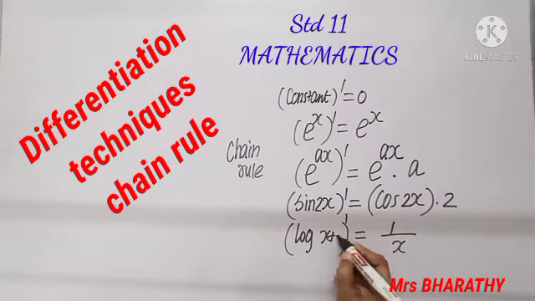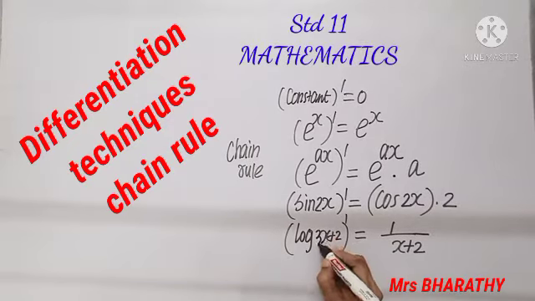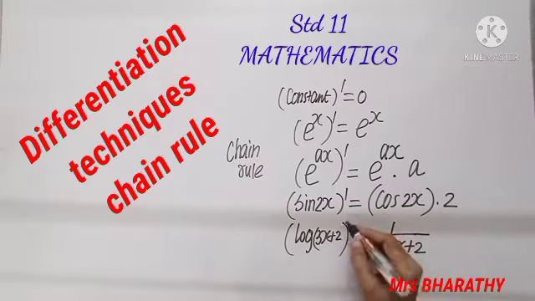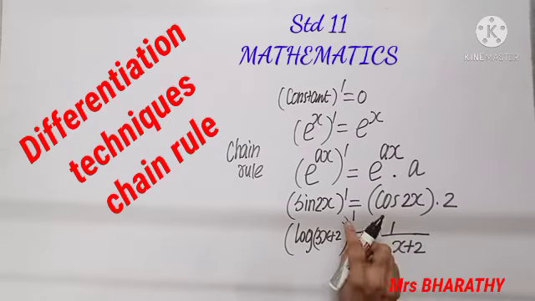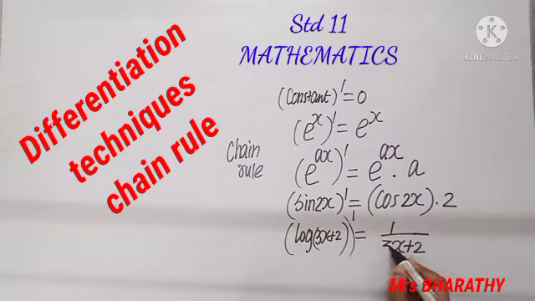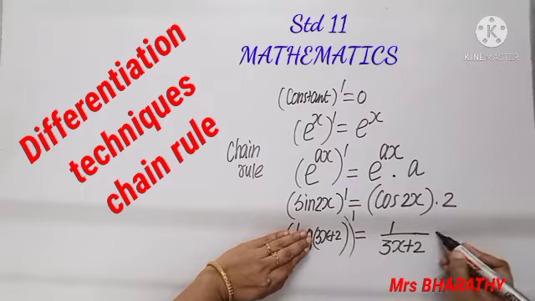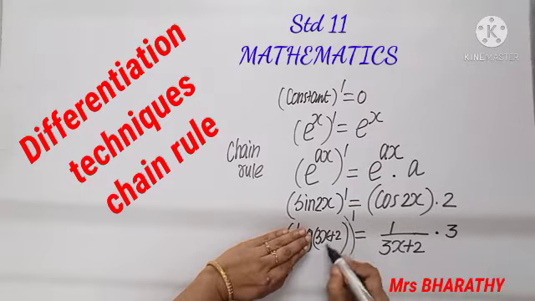Log x plus 2 becomes 1 by x plus 2. Suppose I have log 3x plus 2. As I differentiate, first I do the logarithm. Log 3x plus 2 is 1 by 3x plus 2. Hide the logarithm. 3x plus 2 will become 3. 3x becomes 3, 2 becomes 0.